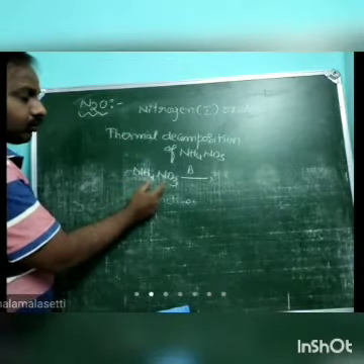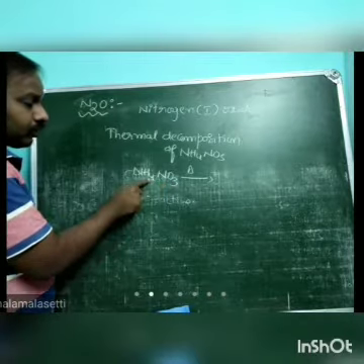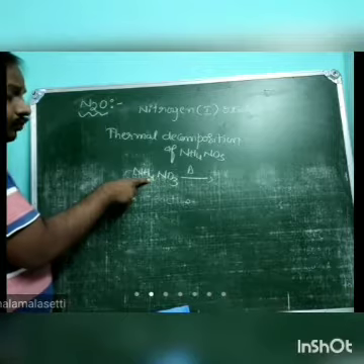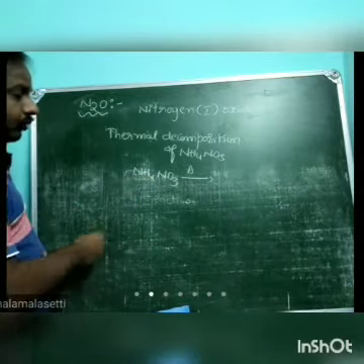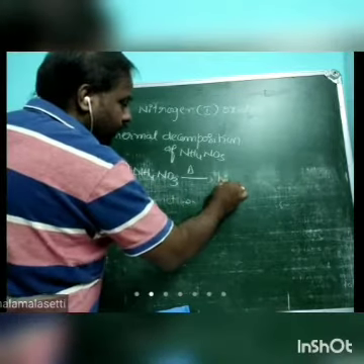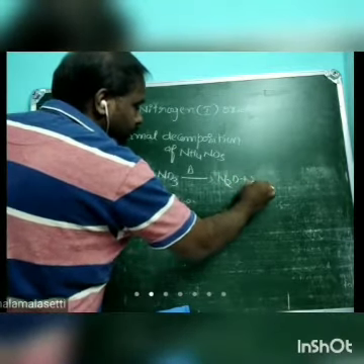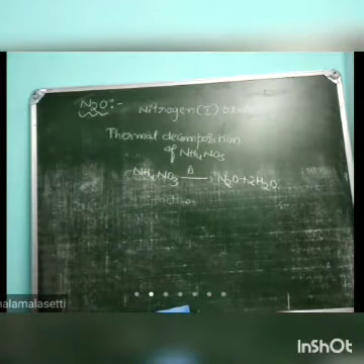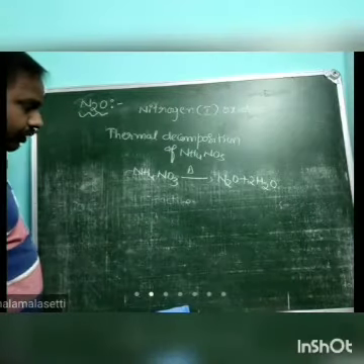How many water molecules can be eliminated? Here 4 hydrogens are there, so we can eliminate 2 water molecules. Then with 2 nitrogens and 1 oxygen, you will get N2O plus 2H2O.